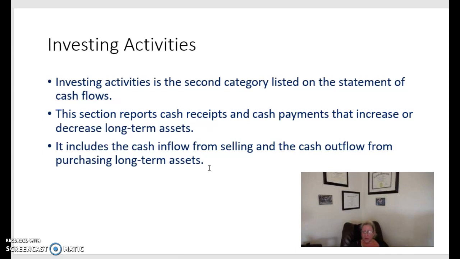Maybe they're selling their equipment because they're not getting enough cash flows from their operations and they have to sell their equipment in order to keep the business going. So that's another thing you would want to look for in a cash flow statement, because we're really evaluating what's happening and it's telling us a story about the business.